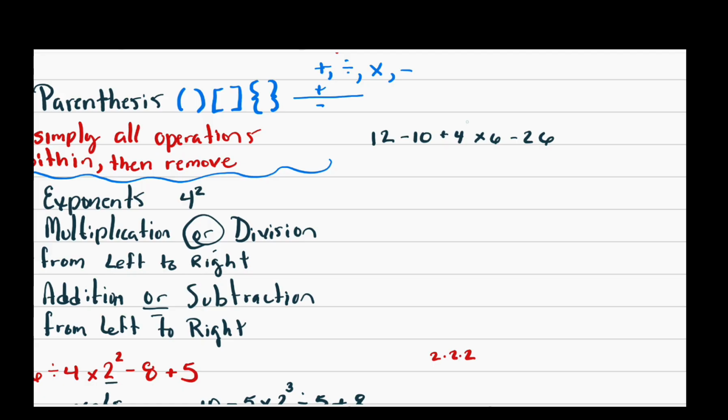Yeah. Put a square right there on the 4. Because technically, I can put a square on the 6 too. It don't matter. You still go from left to right if you got more than one exponent.